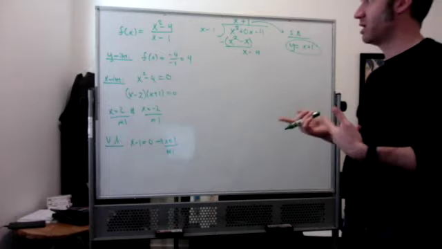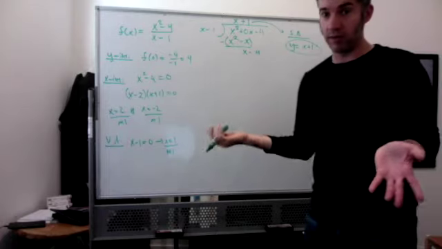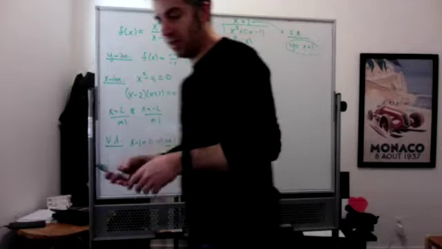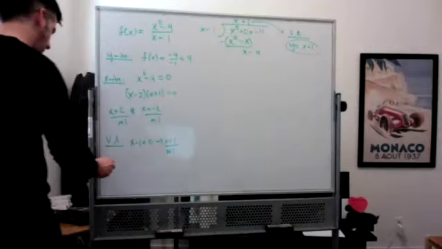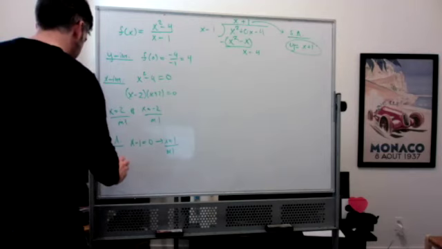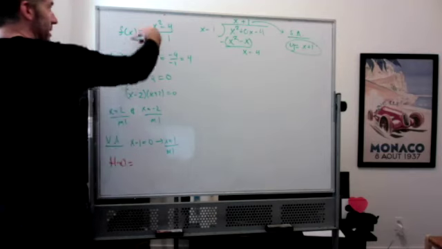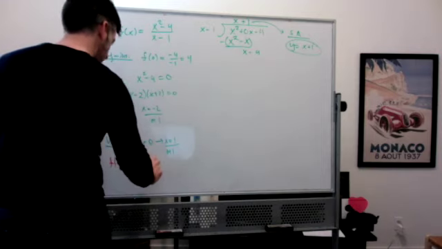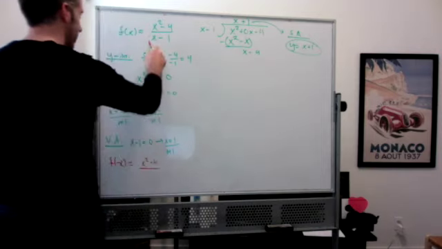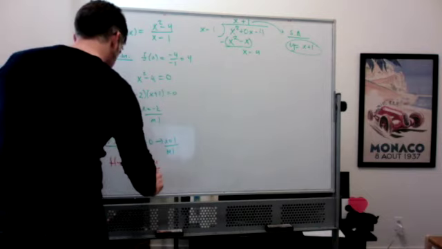The other thing I want to say is this graph isn't odd or even, right? If you plug in, not that you need to check this, I don't think you ever need to check this, but just to point it out, if I look at f of negative x, it's negative x squared, which is just x squared minus 4 over negative x minus 1.